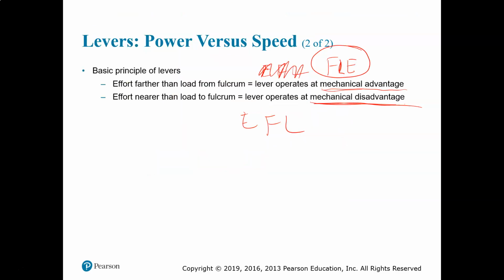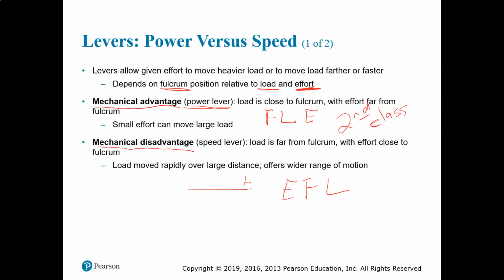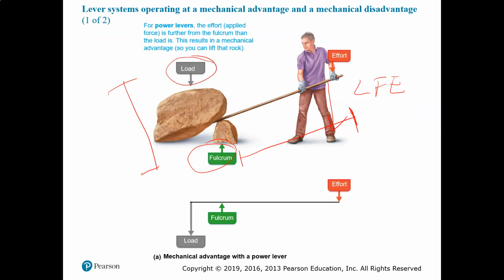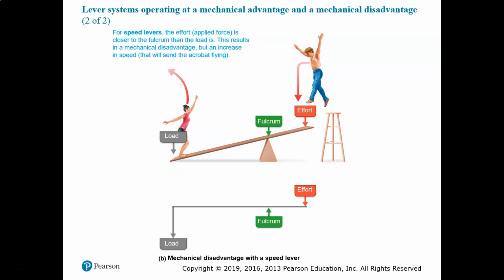And if we go back to our other example, this pattern still works, because the distance between the load and the fulcrum is shorter than the distance between the fulcrum and the effort. So you've got LFE, load, fulcrum, effort, and the distance from the fulcrum to the effort is great. That's going to be a power lever that gives you mechanical advantage.